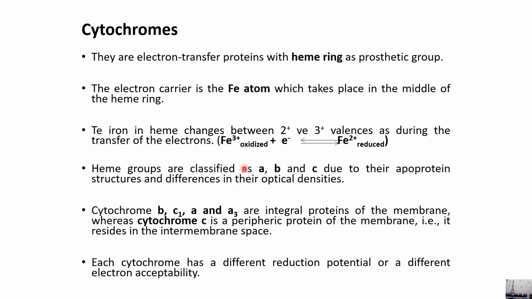Heme groups are classified as A, B and C due to their apoprotein structures and differences in their optical densities. Cytochrome B, C1 and A/A3 are integral proteins of the membrane, whereas cytochrome C is a peripheral protein of the membrane, that is, it resides in the intermembrane space. Each cytochrome has a different reduction potential, or a different electron acceptability.